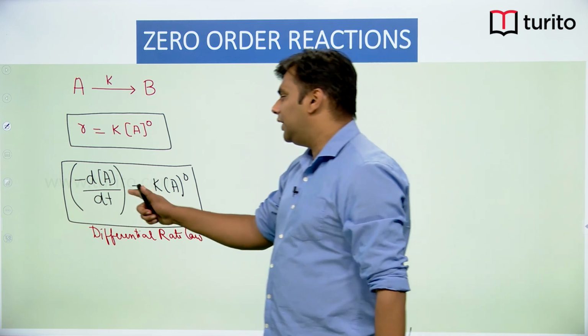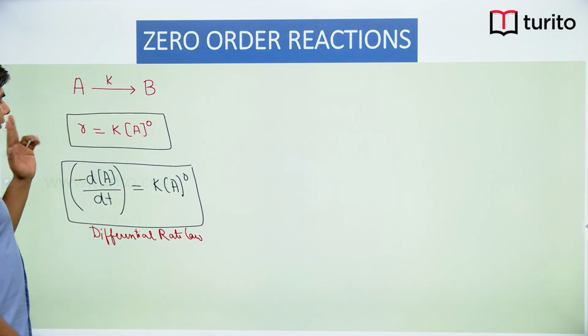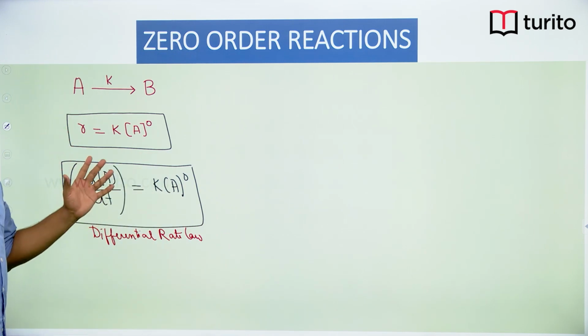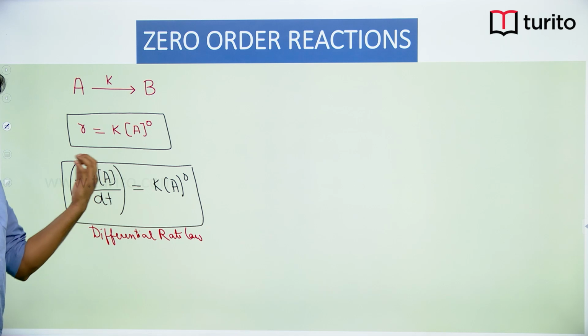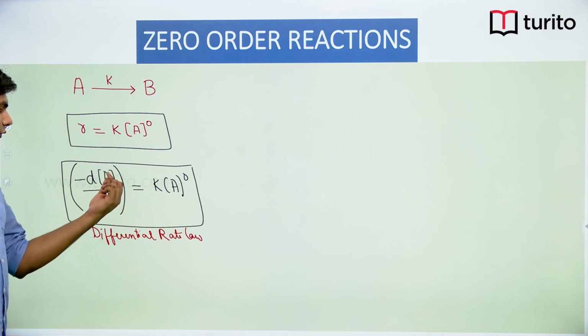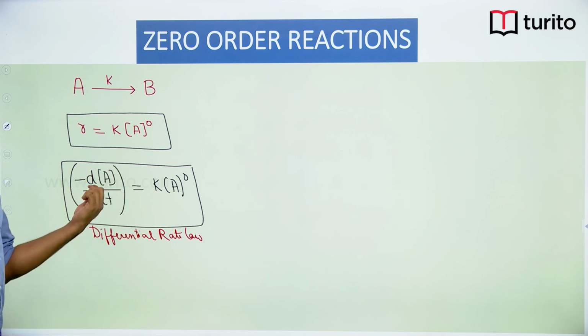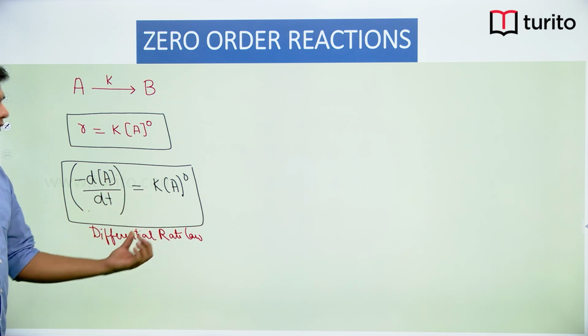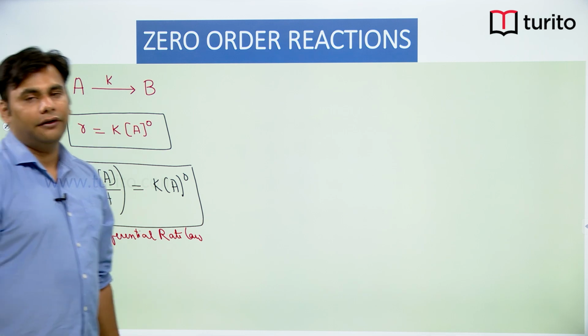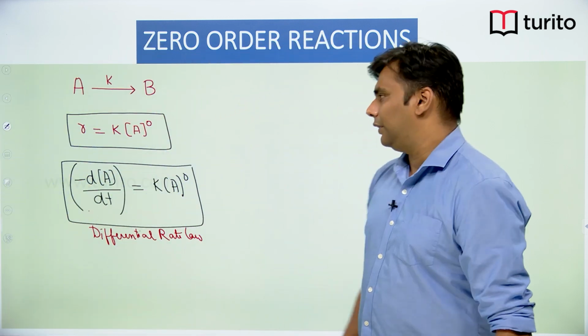Okay. So basically, if I write rate as change in concentration upon time, expressing in terms of instantaneous rate, this is basically minus d concentration of A upon dt. This will be equal to k into A raised to power 0. So this is basically called a differential rate equation or rate law. Okay.